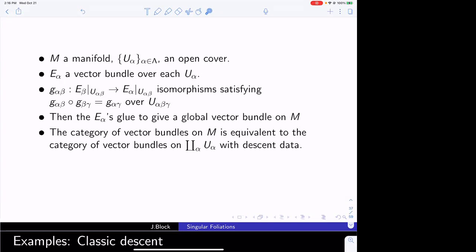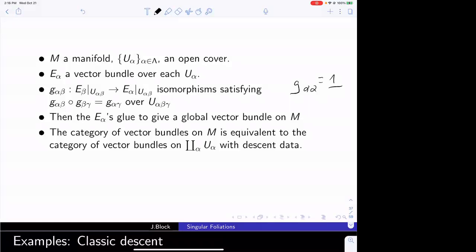So you have an isomorphism on U alpha beta, and they satisfy a cocycle condition. You might also want to require something like G alpha alpha is 1. Then the E alpha are glued to give a global vector bundle on M.